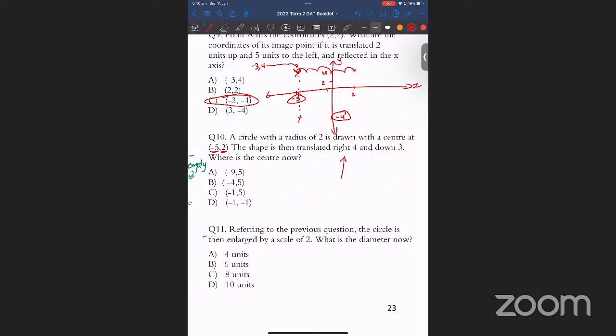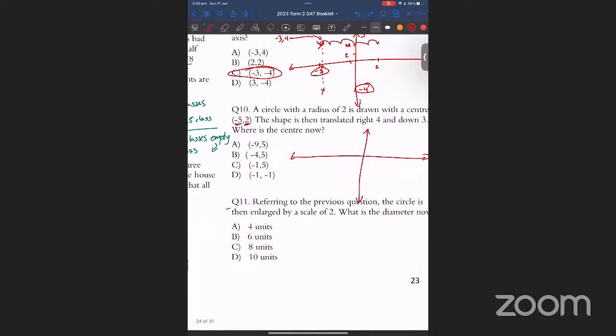So let me draw it a bit better. So it starts off at 1, 2, 2, 1. This is 0. Then it's -1, -2, -3. We have 1, 2, 3, 4, 5. So right now the circle is up here at -5, 2.